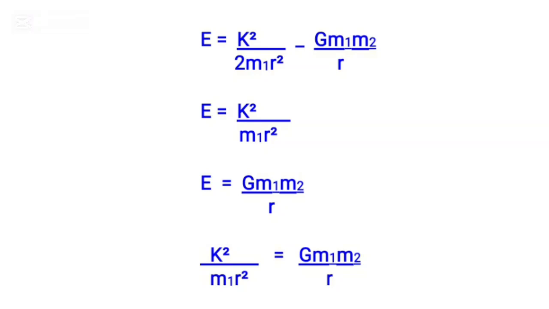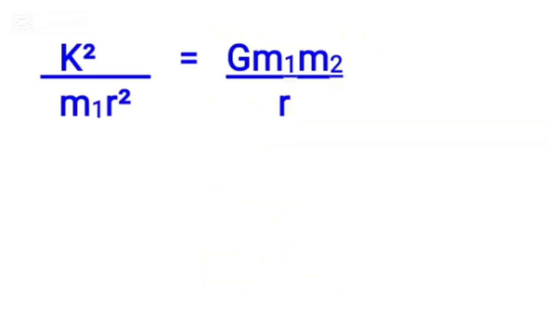In that case, that means k squared over m1 r squared will be equal to G m1 m2 over r. Their dimensions will be equal. So you can pick any of these equalities to solve for k. But you are asked to find k and you are given the dimension of the gravitational constant.